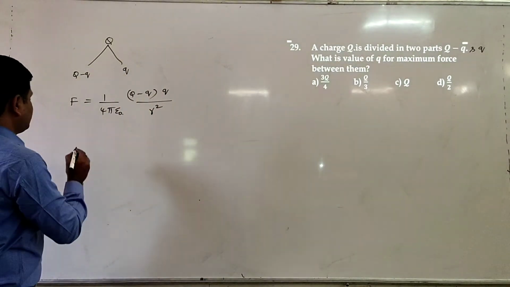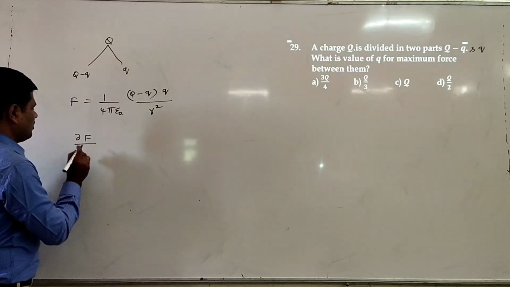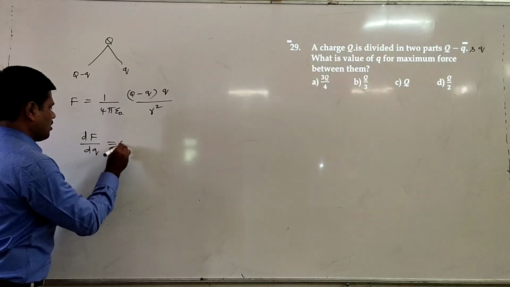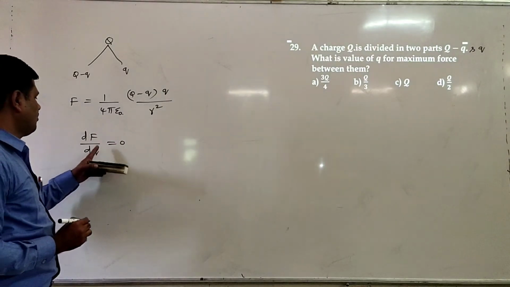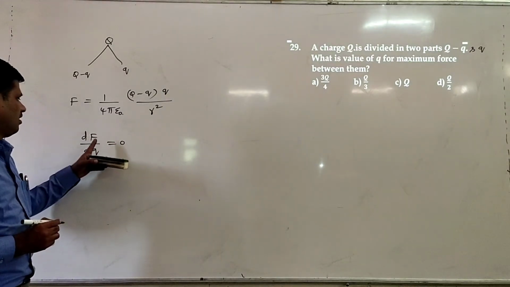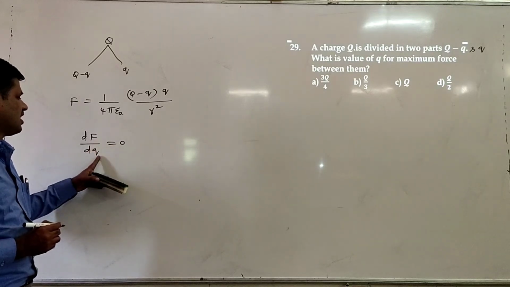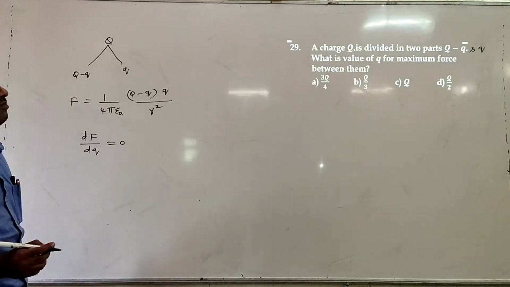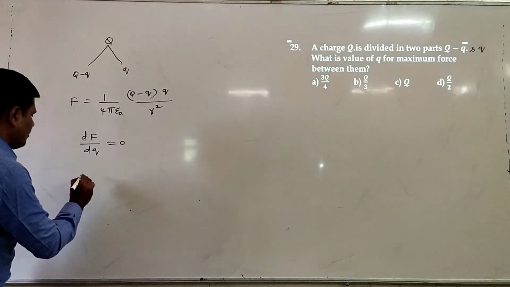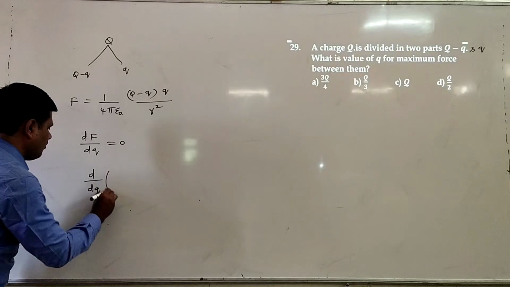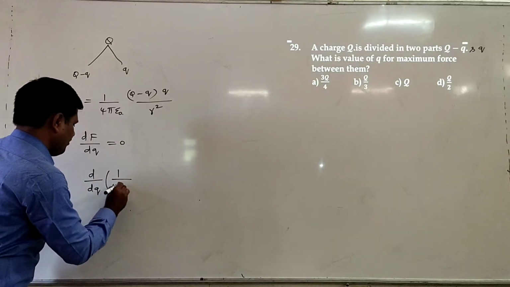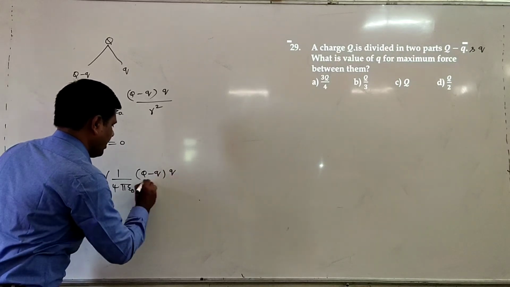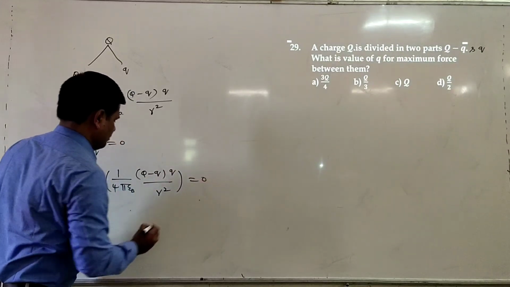Now this force is maximum means dF by dq is equal to 0. Differentiation of the force with respect to the charge is 0, then the force will be maximum. So I am writing here d by dq of 1 by 4 pi epsilon naught, Q minus q into q by R square, equal to 0.